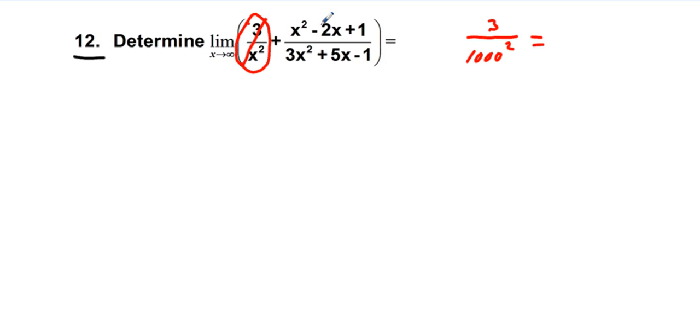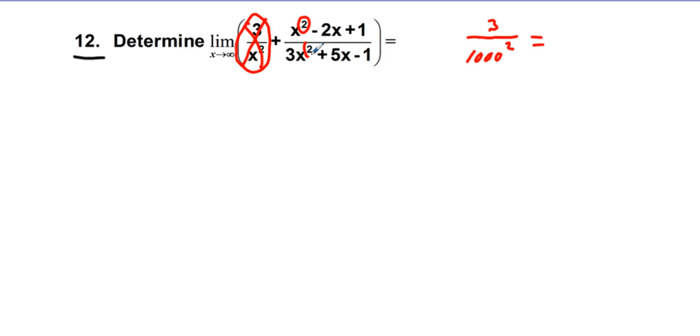And so when we consider the value of the limit, we can cross this one off because it's going to be inconsequential as we tend toward infinity. So what we're looking at is the highest exponent values here, which are the same.